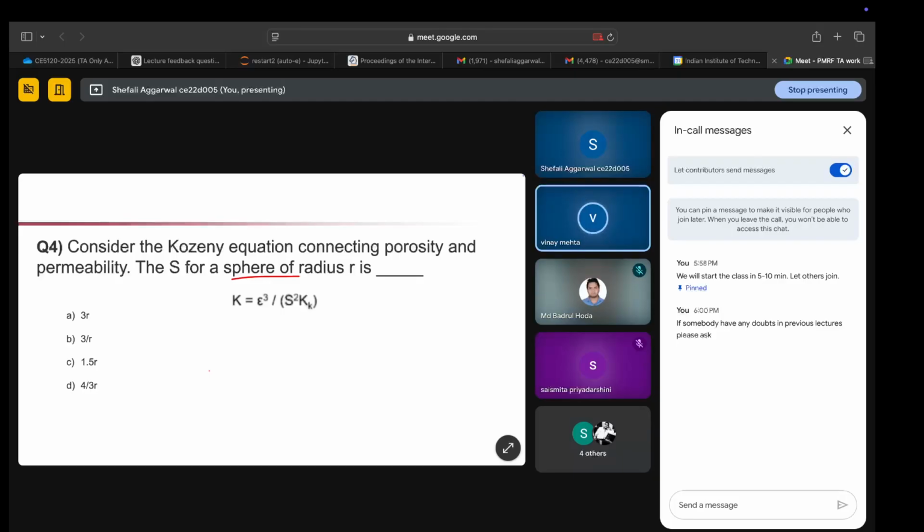D, 4 by 3r. So what does S mean in this case? S is equal to surface area per unit volume.